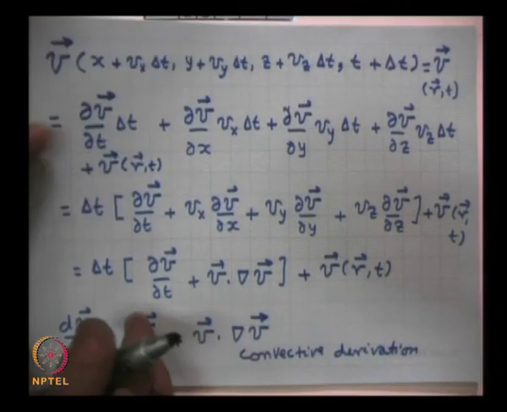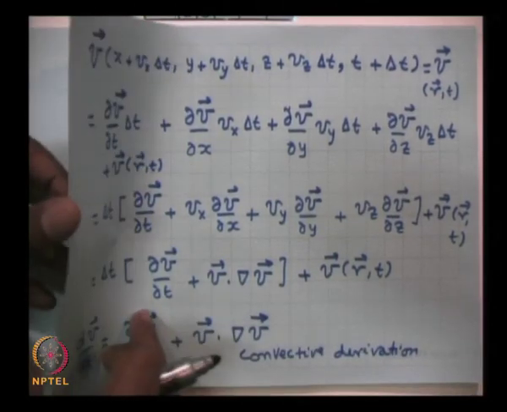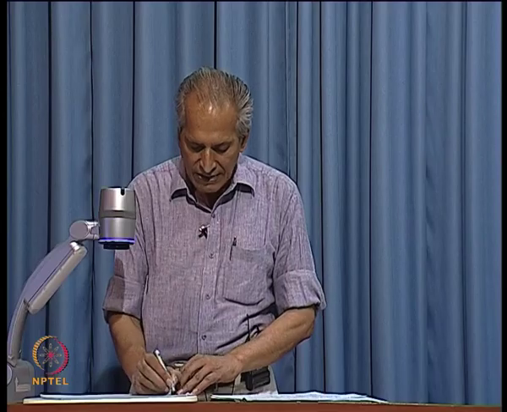So, this is the total time derivative of velocity, and now I will use this in the equation of motion and write it like this.